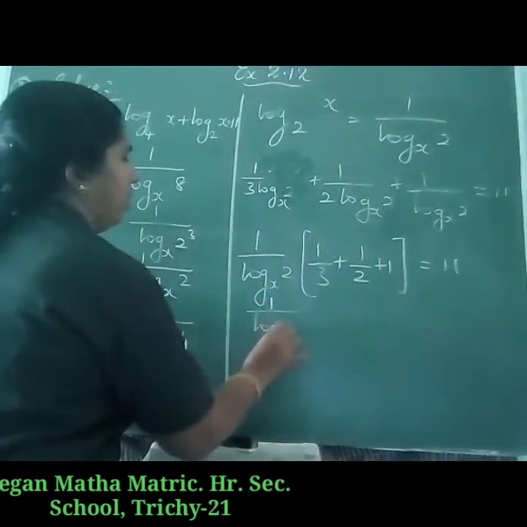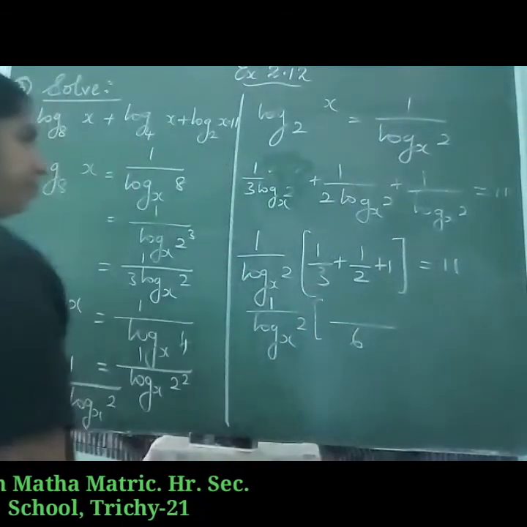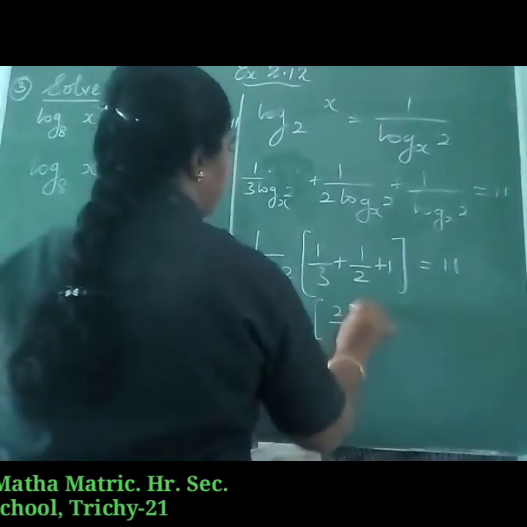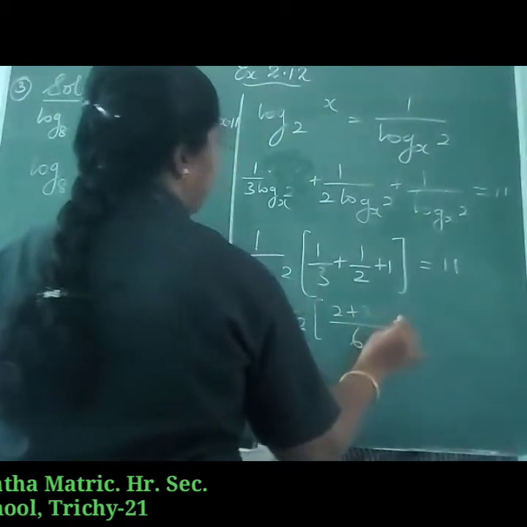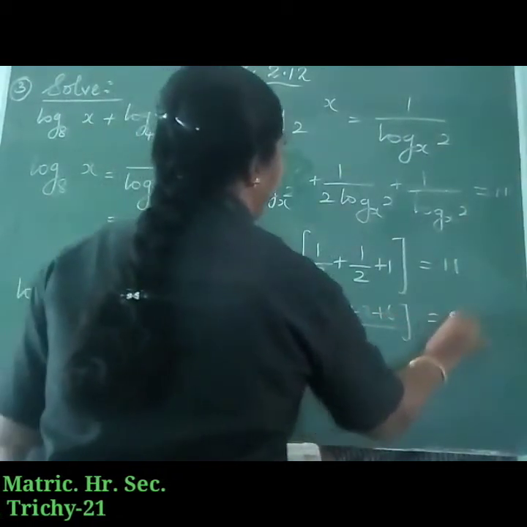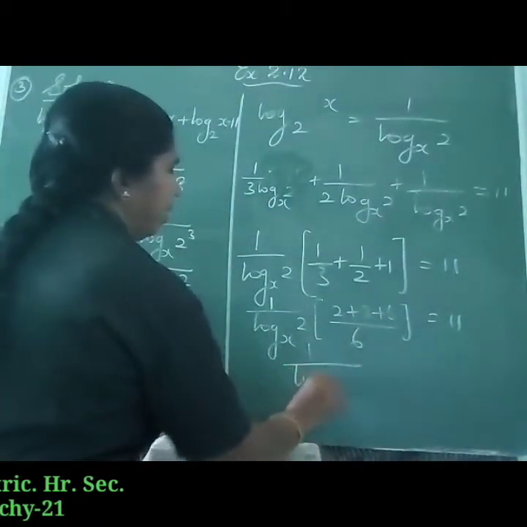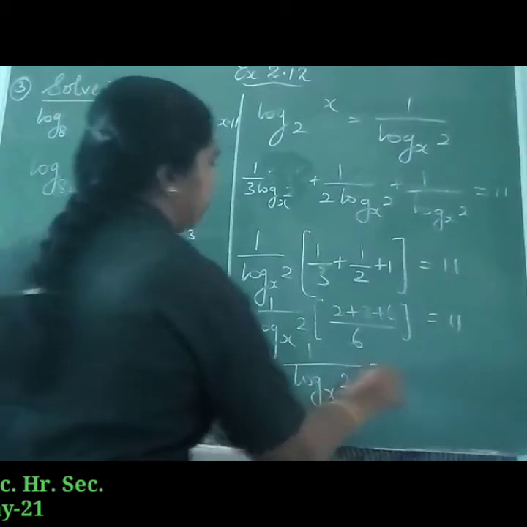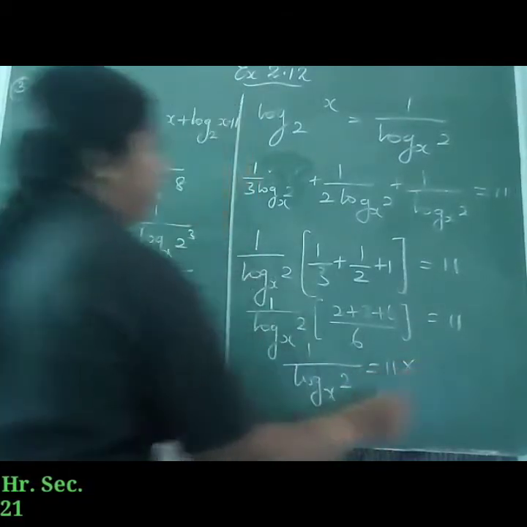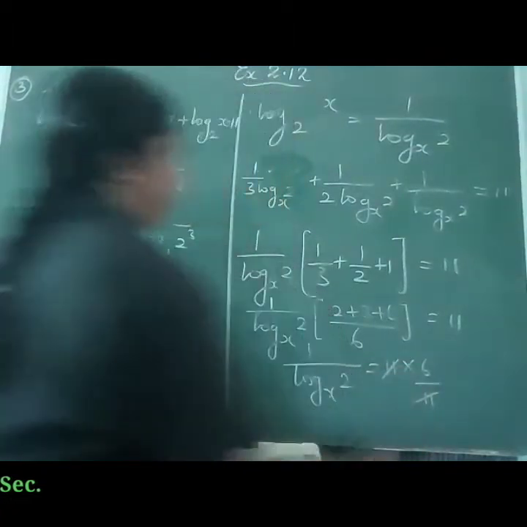1 by log 2 base x, with 6 as the LCM: 2 plus 3 plus 6, which is equal to 11. So 1 divided by log 2 base x is equal to 11 into 6 by 11. 11 and 11 cancel.